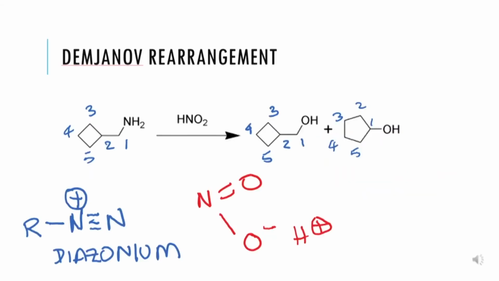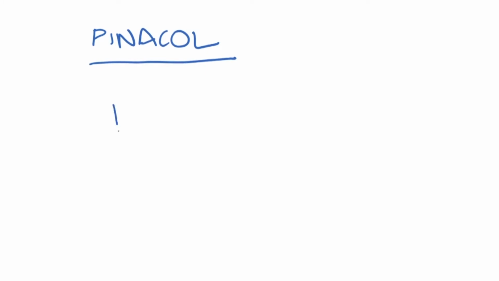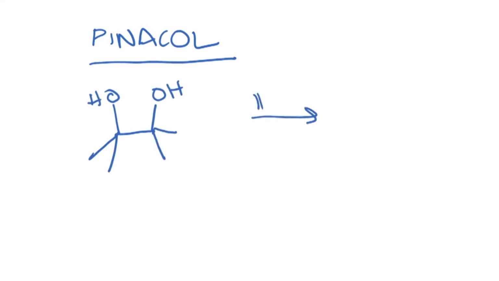Now with that, let's move on to the next rearrangement, which is called the pinacol rearrangement. So this is one of the very popular rearrangements that occurs. It's called the pinacol-pinacolone rearrangement as well. So pinacol is basically the following. You have 2 OH here in this compound, and when you react this with acid, H2SO4, the product that you get is this.